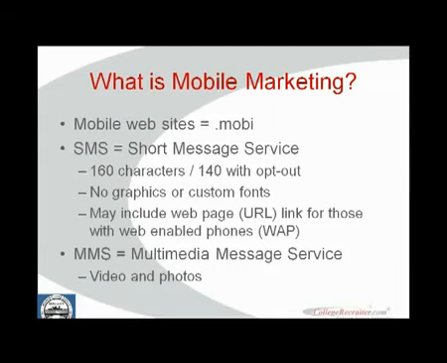Examples of web-enabled phones would, of course, include the iPhone, but any phone that you can access the internet and pull up a website on is a web-enabled phone. And a mobile website is built specifically for those phones.